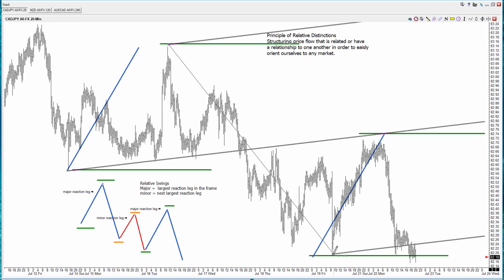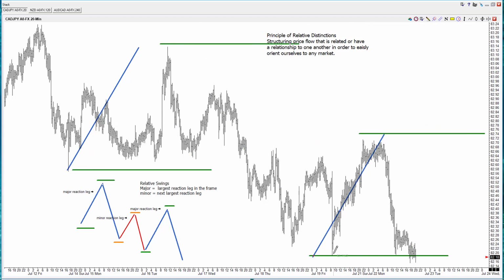We can measure. We can draw. Minor is the next largest. It's the same definition. A new low confirms a swing high. So we can come in here and look for the next largest in our frame.